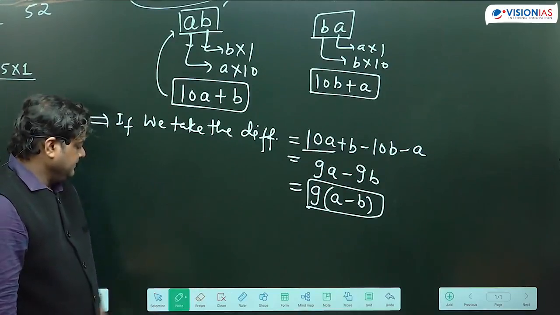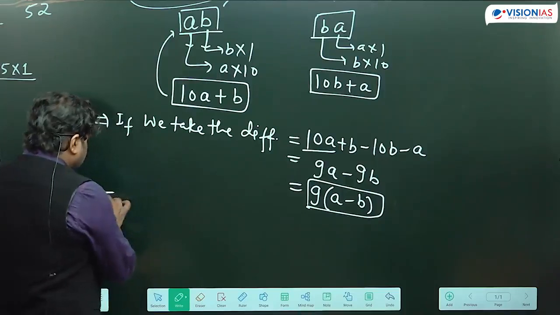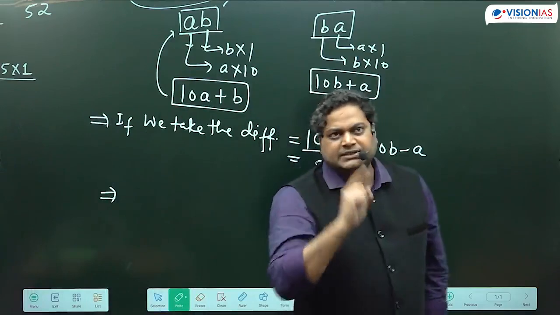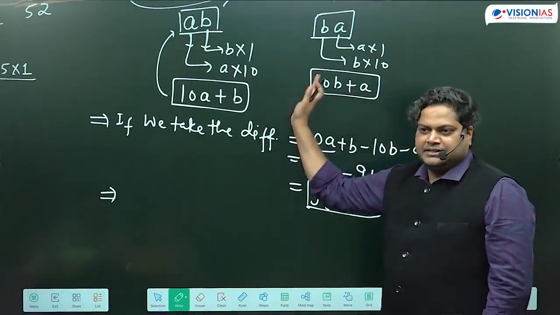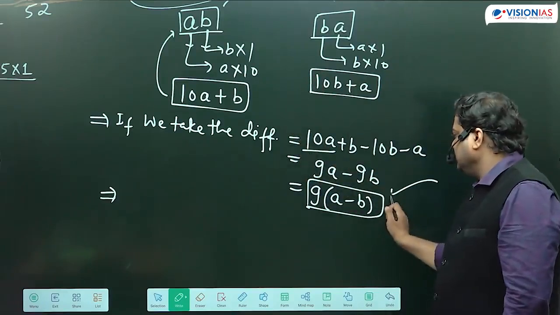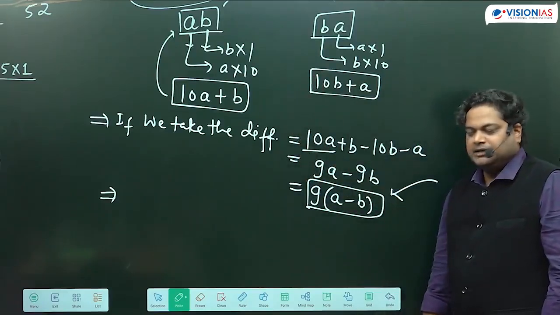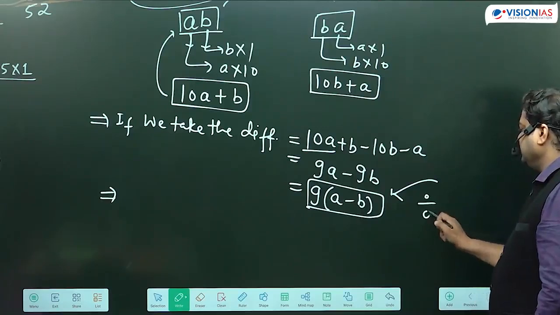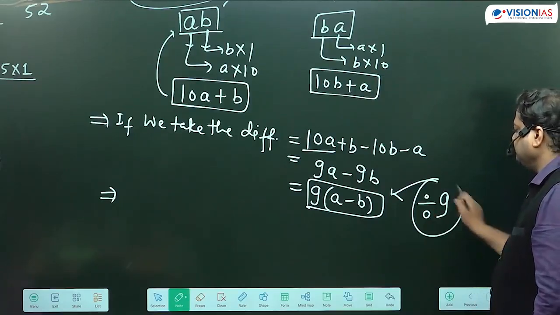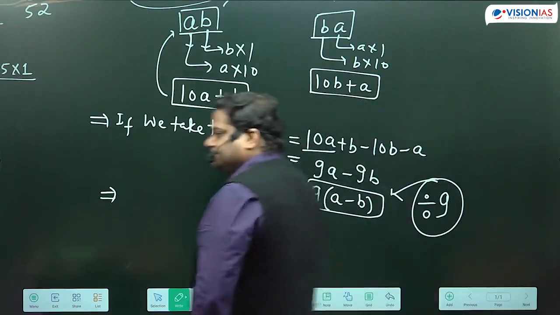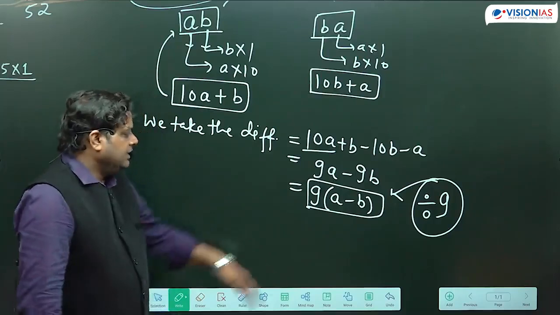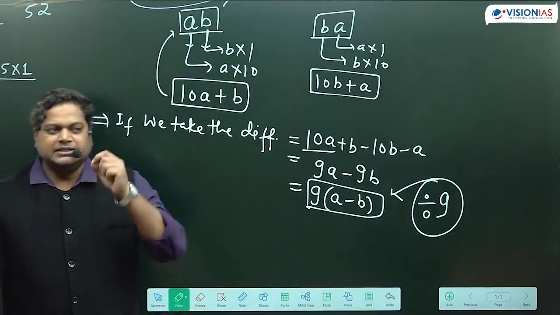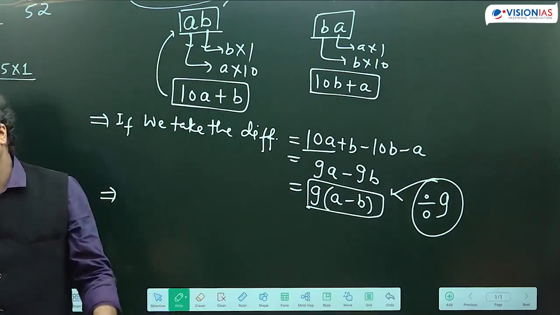9(A minus B). If I ask कि you take any two-digit number and reverse the digits and take the difference, that difference will be coming this only, 9(A minus B). So this difference will always be divisible by 9 or not? Because 9 is there. अब इसको डिवाइड करोगे 9 से, तो 9 से 9 तो कैंसिल आउट हो जाएगा. That means this is true for any two-digit number.